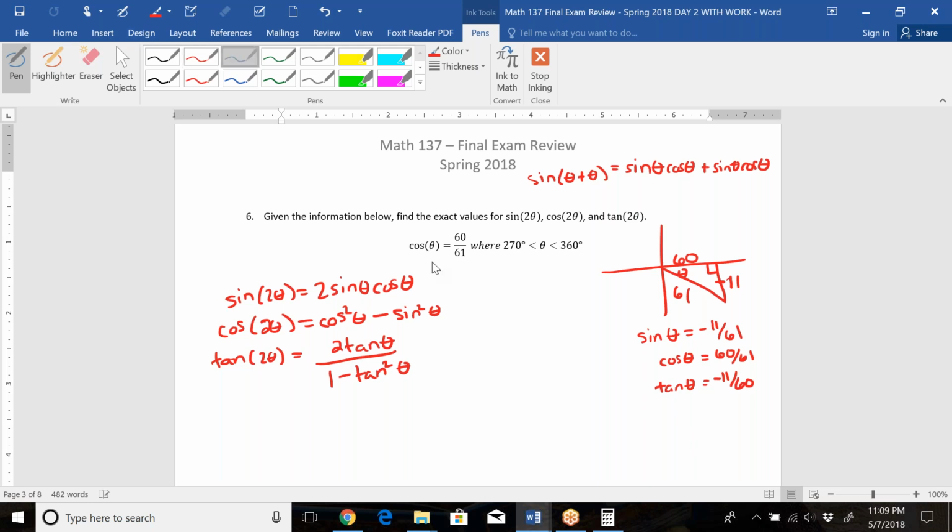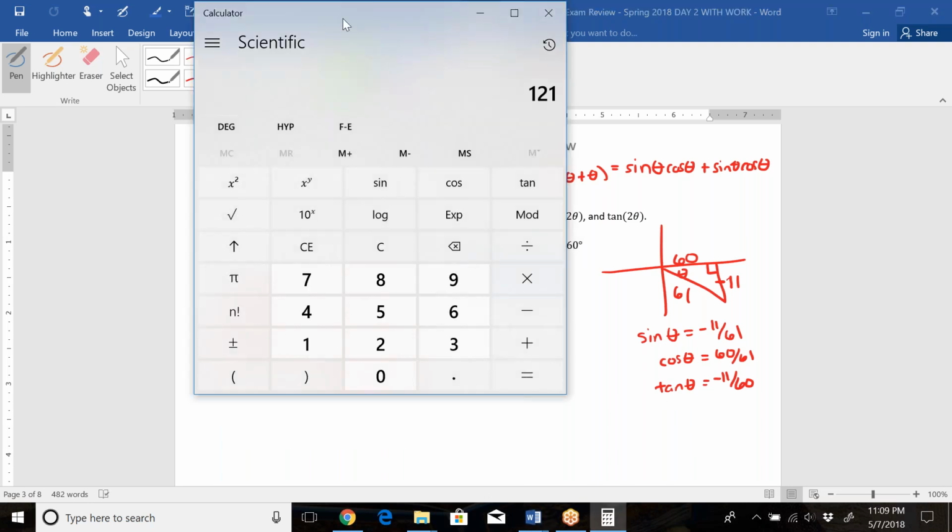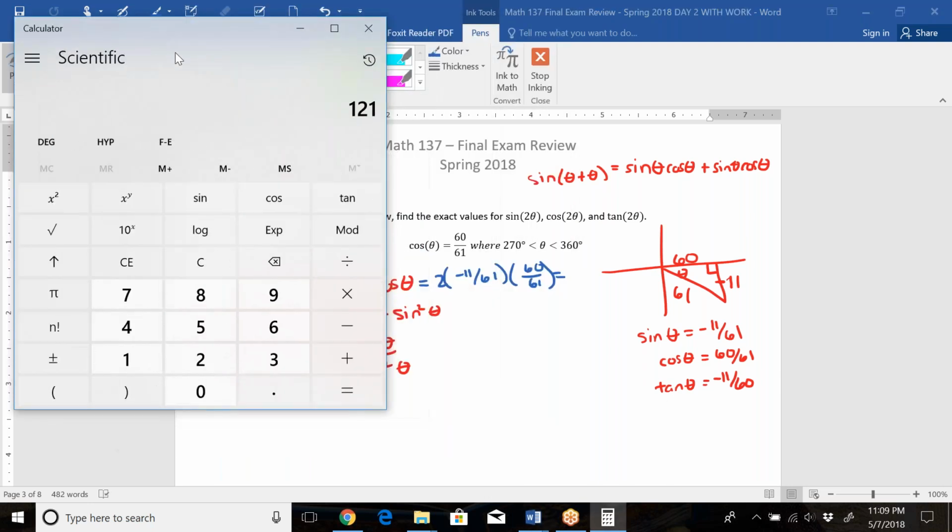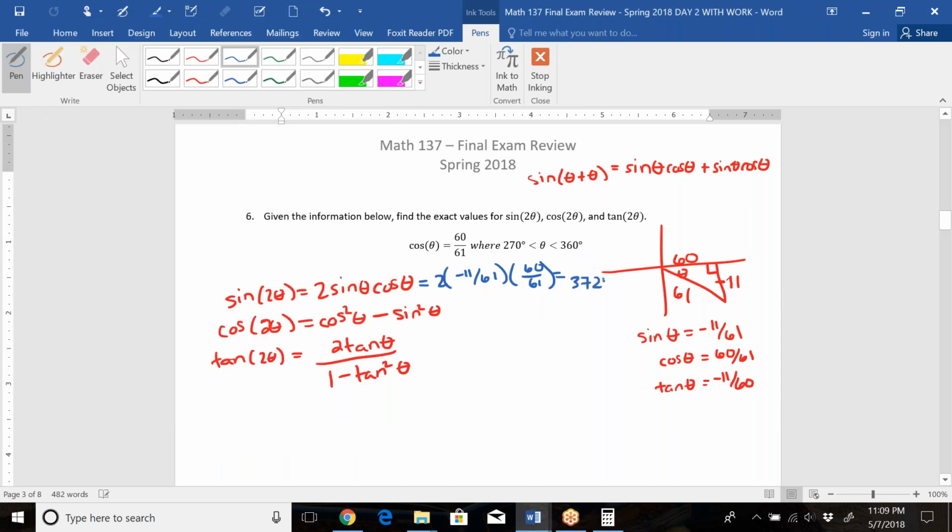Okay, let's go back in and plug in what we know. So this is 2 times negative 11 over 61 times 60 over 61. That's going to be 61 squared is my denominator, so 3,721.